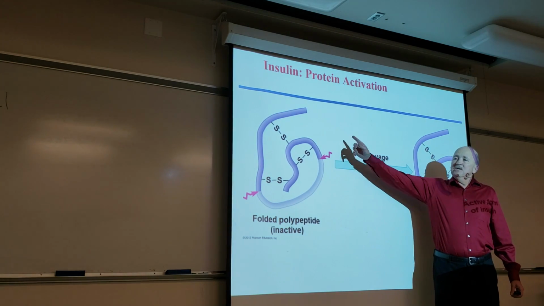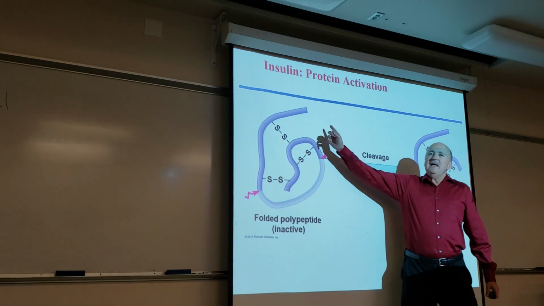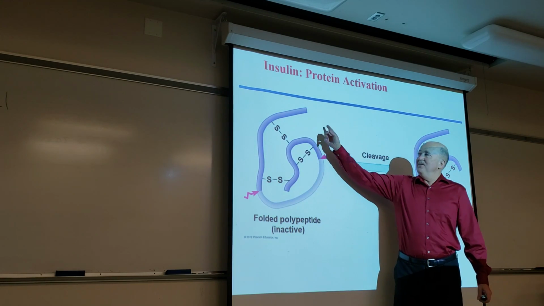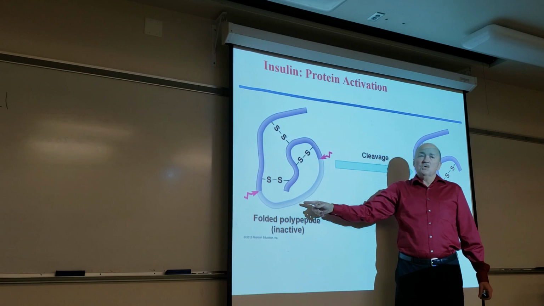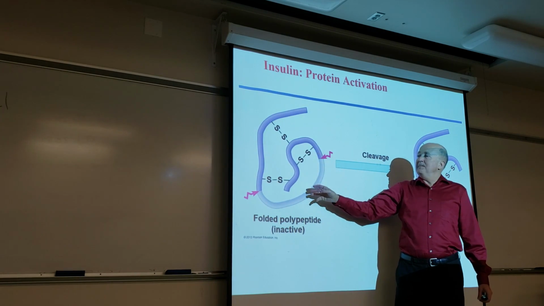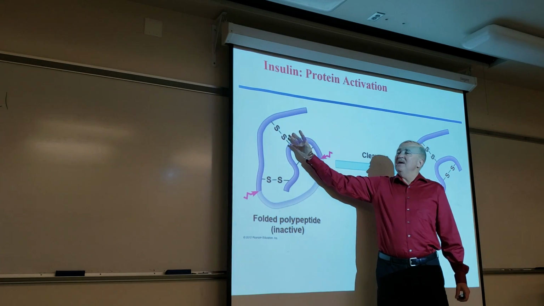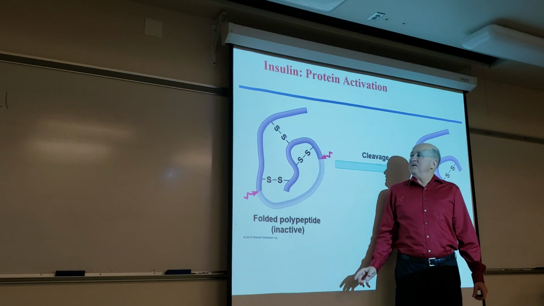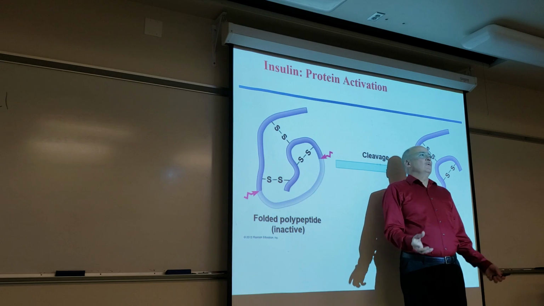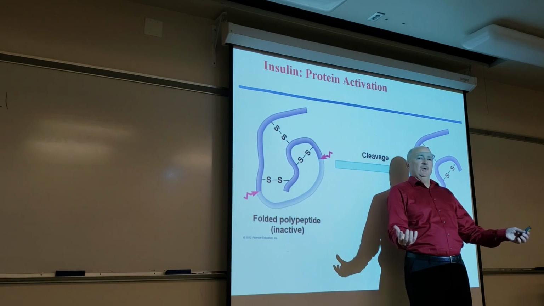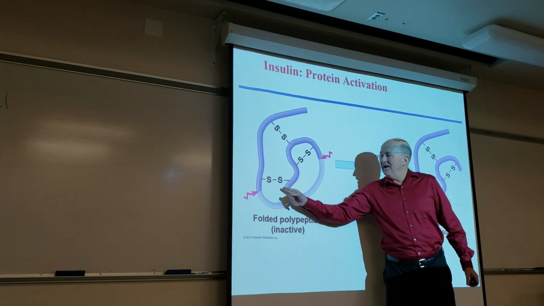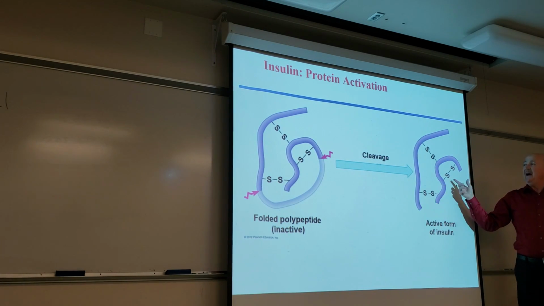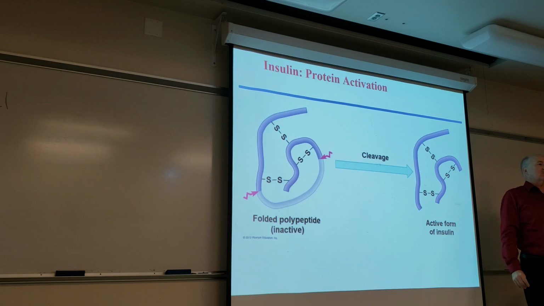So what the cells in your pancreas are doing is they're going all the way through transcription and translation. This is past where the ribosomes have made the polypeptide. We're past that stage. This pre-insulin is stored inside of the pancreatic cells, and then when the pancreas detects blood sugar going up, it cuts away this portion of the polypeptide, producing the actual insulin, which then is released.